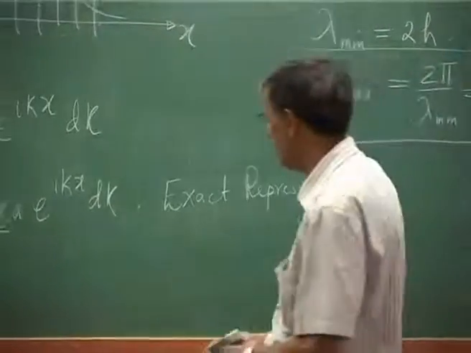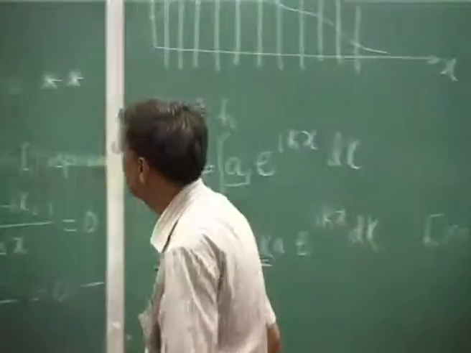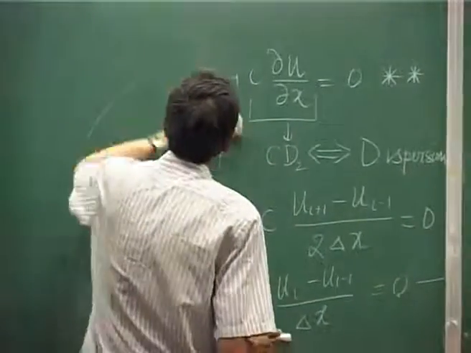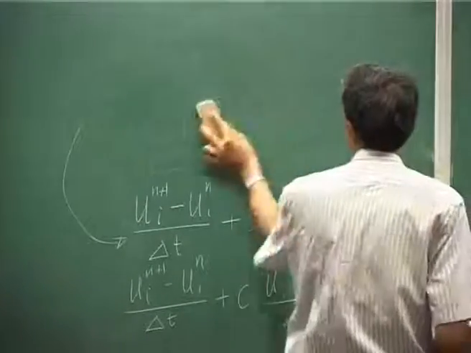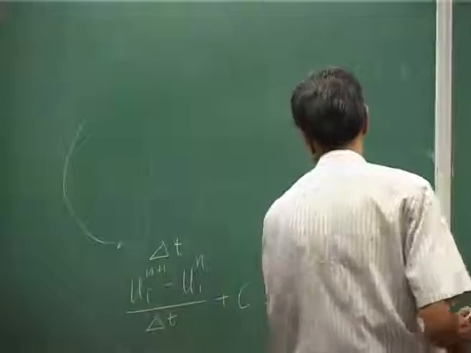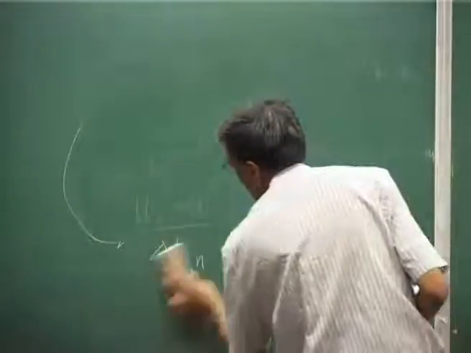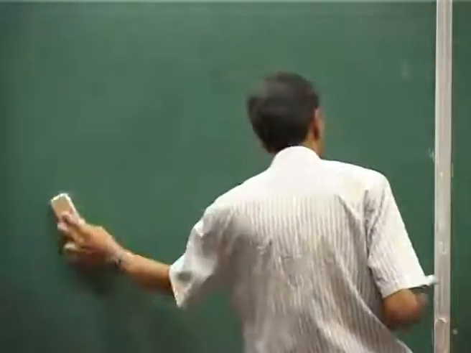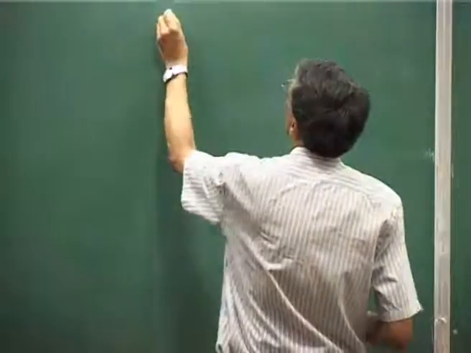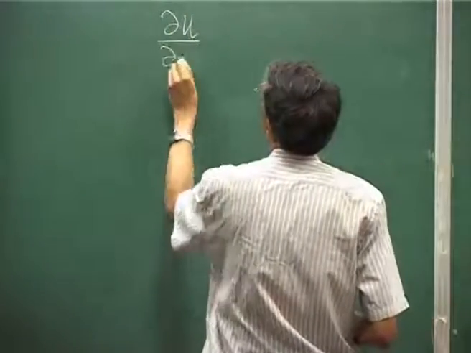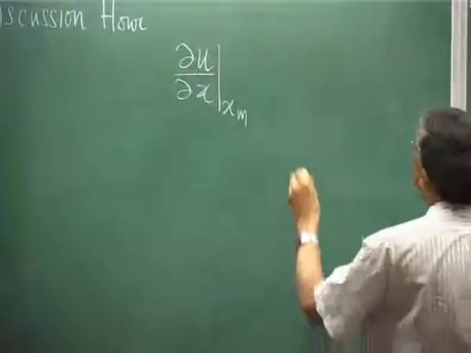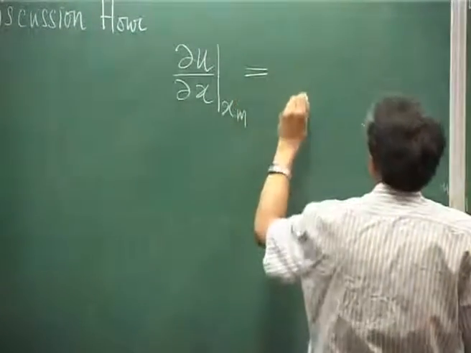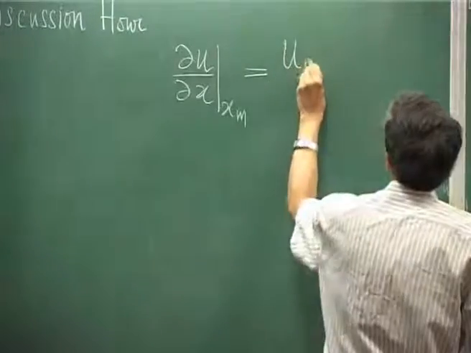However, when I am going to do it numerically, then what happens? I do not get that. So, what do we get? Let me just demonstrate that to you via an example. Let us say we decide to show the derivative at the m-th point in terms of the CD2 formula that we have been talking about.